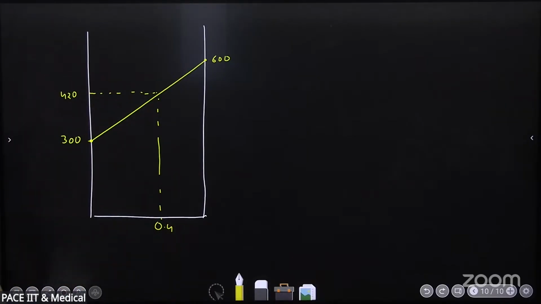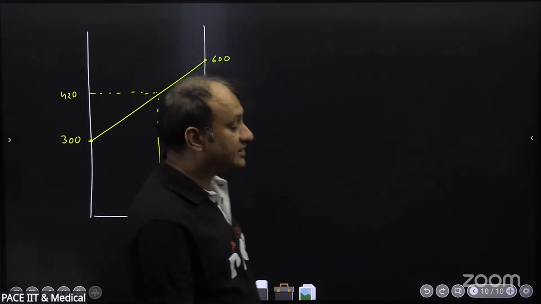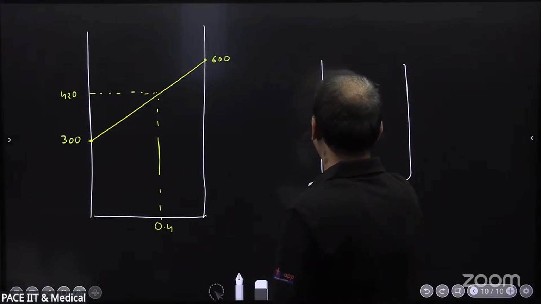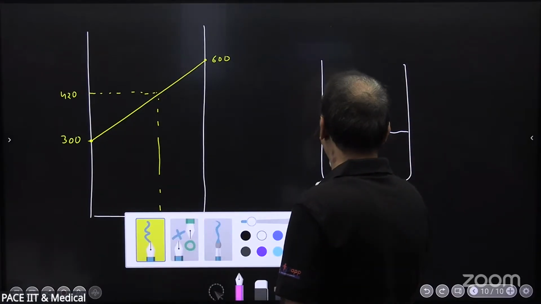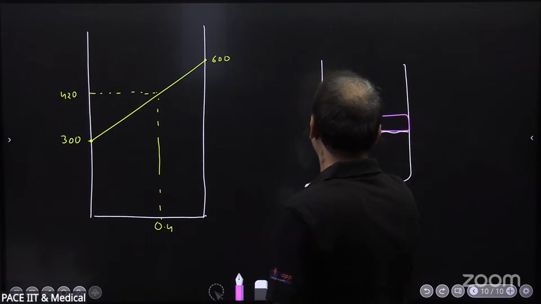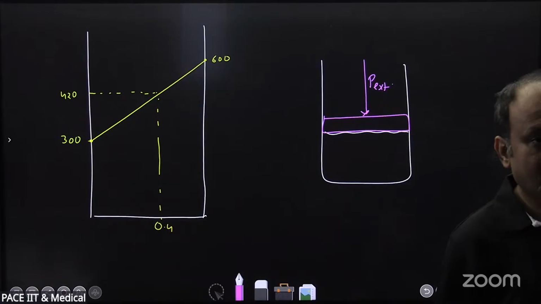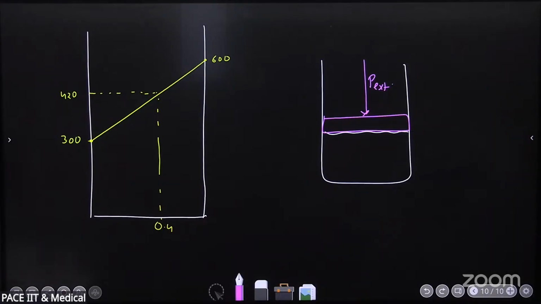But what have we done? We have kept the external pressure at 760. This was the liquid solution. By means of an external piston, we have compressed it, and we have kept the external pressure at 760. Now, vapors of this liquid can apply a maximum pressure of 420. And from the piston above, we are pushing with a pressure of 760. So somehow this pressure has to balance. Vapors of this liquid cannot balance this pressure.